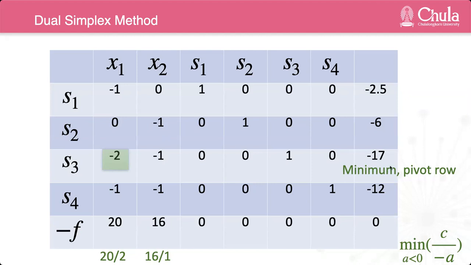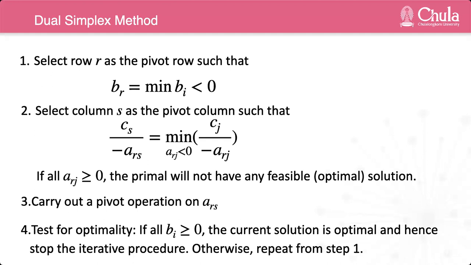Which row? This row, right? The most negative. And the second step is to select the column as the pivot column such that C over minus A is minimum.